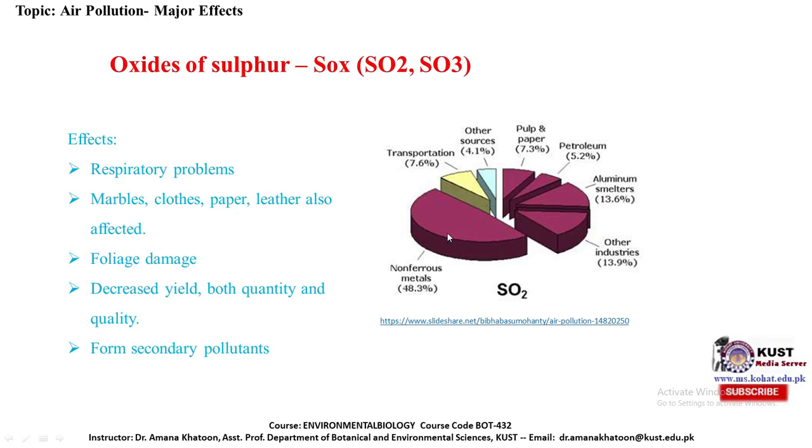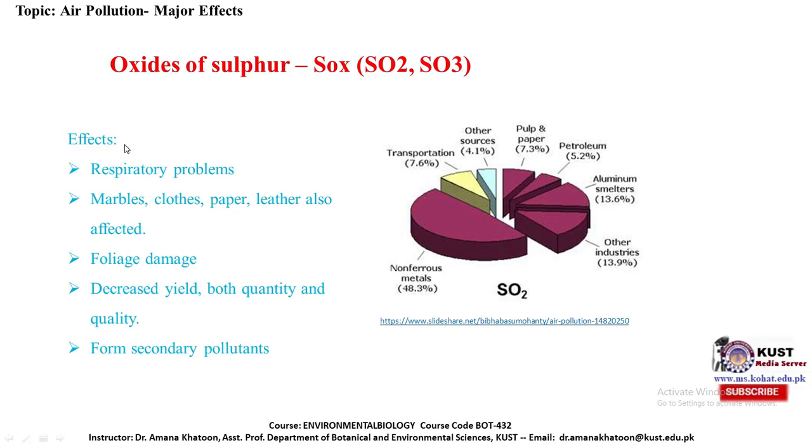After this, transportation and aluminum smelters are also adding sulfur oxides into the environment, and other industries, petroleum, pulp industry, and various other sources are adding sulfur oxides as well.